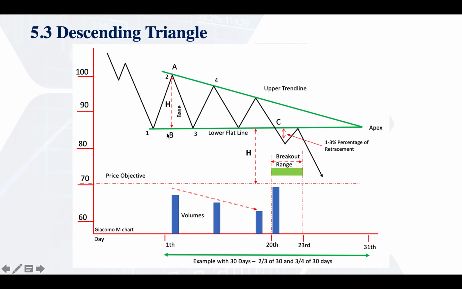The only main difference is that this one is a bearish signal, so this is a signal of weakness of the market. All the volumes and the breakout price movements are almost the same inside the triangle, and there will be a breakout of the lower flat line to confirm this descending triangle.